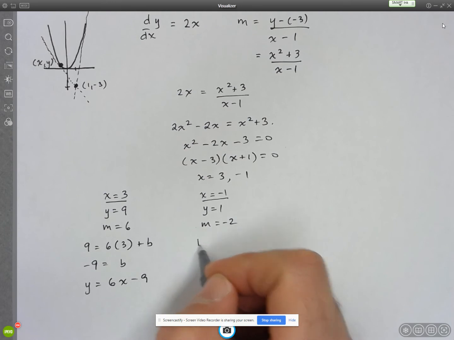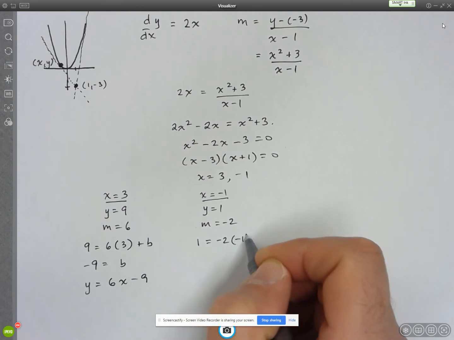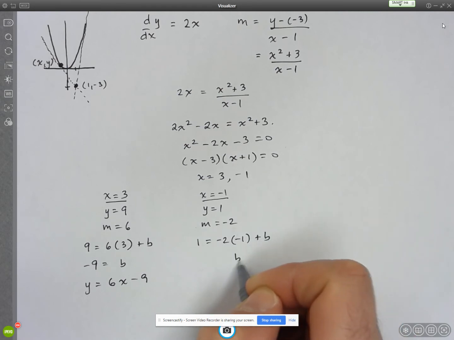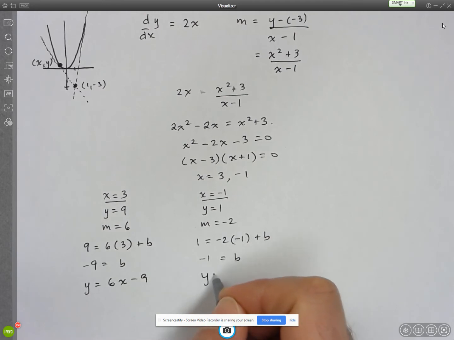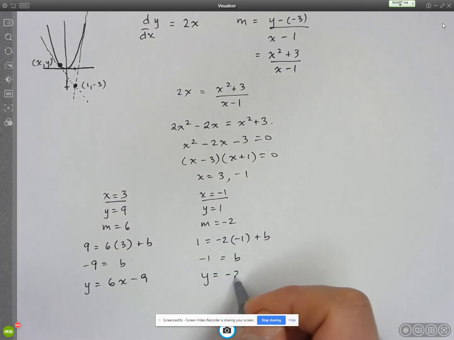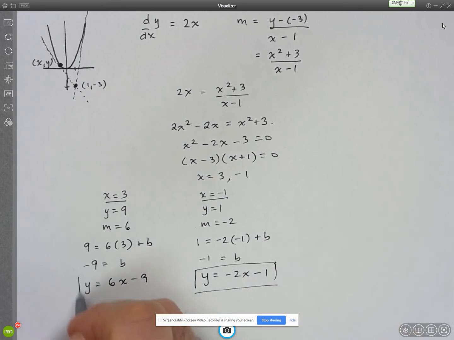So y equals 1 is equal to the slope, -2, times the x value, -1, plus b. So here, -2 times -1 is +2. So 1 minus 2 is -1. And so our other answer is y equals -2x minus 1. Okay, and there are the two equations for our lines.